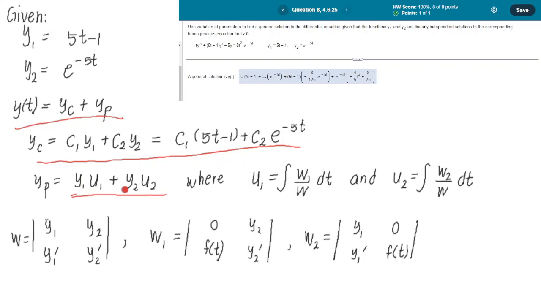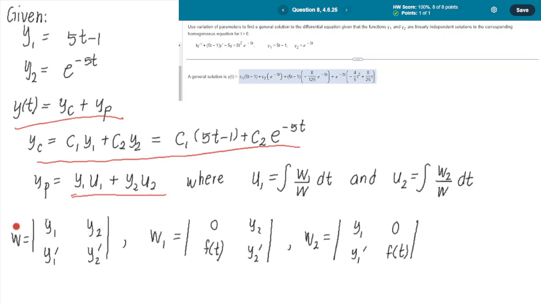where your y1 and y2 are given, and your u1 is equal to the integral of w sub 1 over w, integrated over dt, and your u sub 2 is equal to the integral of w sub 2 over w, integrated with respect to dt. Now, w means the Wronskian, and the Wronskian is given by y1, y2.